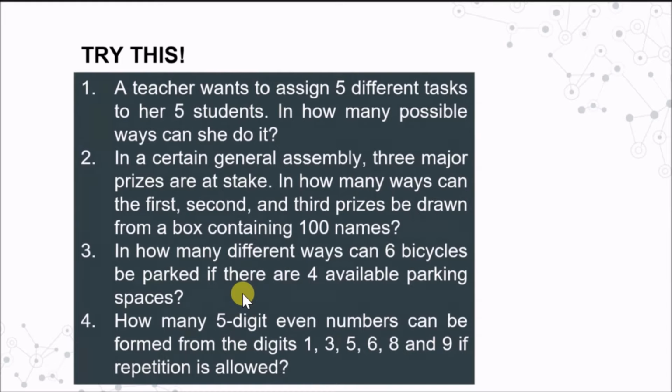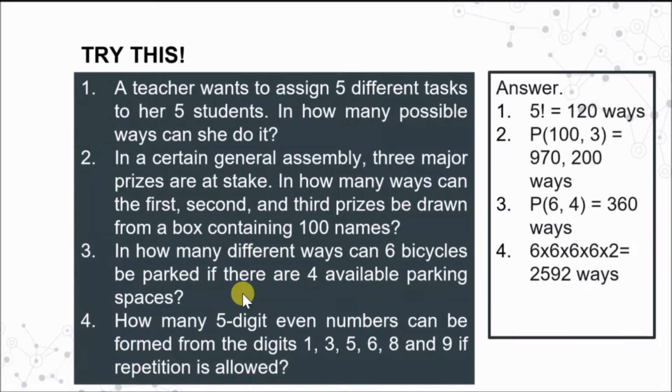How about these problems? I want you to pause this video and check your answers later on. The answers are: for number 1, that is 5 factorial, or 120 ways. For the second one, we take from 100 names and get only 3 at a time, because we only have the first, second, and third to be drawn from a box.